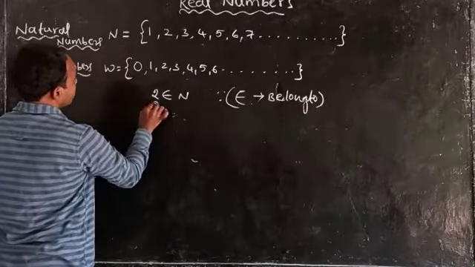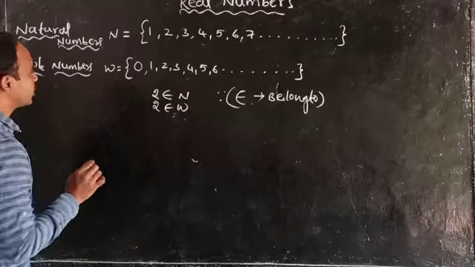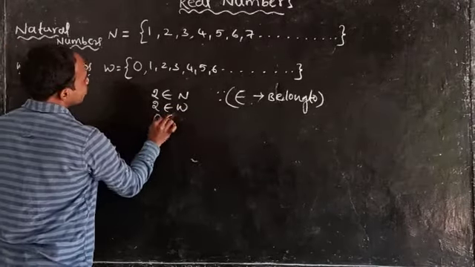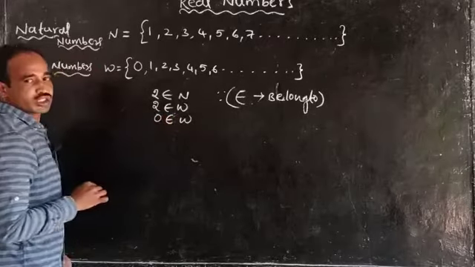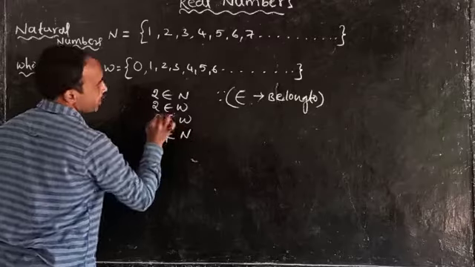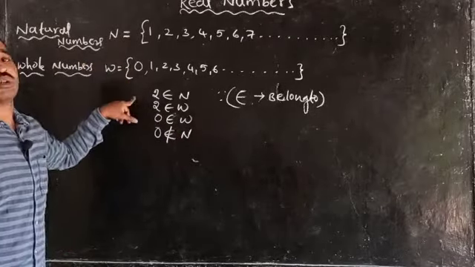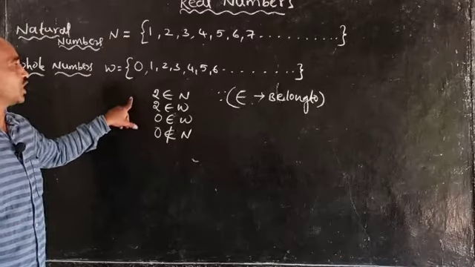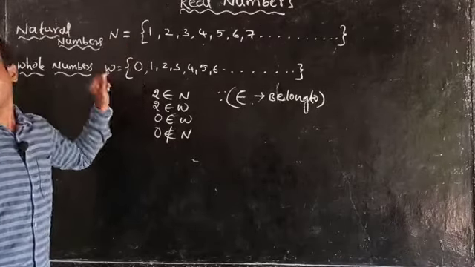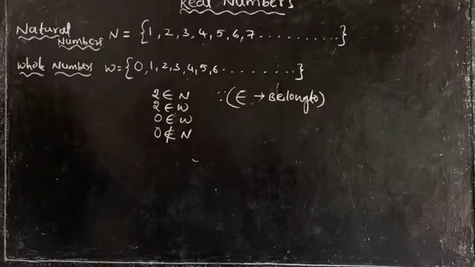Similarly, 2 belongs to whole numbers also. But 0 belongs to whole numbers, and 0 does not belong to natural numbers. That is the difference between the natural numbers and the whole numbers. We must remember this.